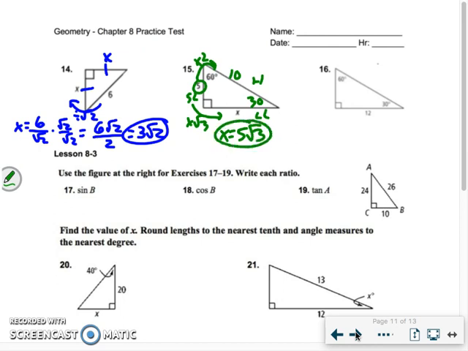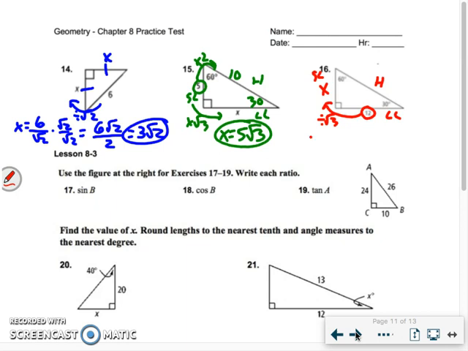All right. Last one, they didn't put an x on. Let's say that we're just finding this shorter leg right here. So we have a long leg. We're looking for the short leg. We don't care, but the hypotenuse is right over there on the top. So we start with a 12. The long leg is square root of 3 times bigger than the short leg. So we're going to divide by square root of 3. And we'll see what happens here.